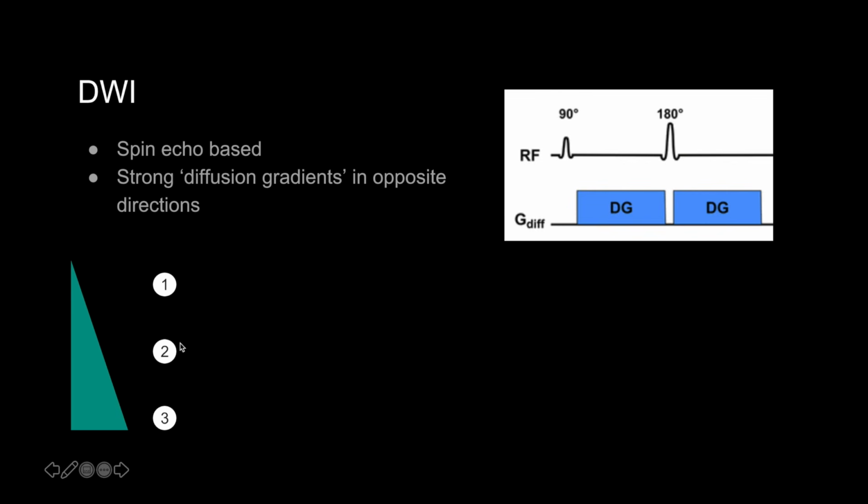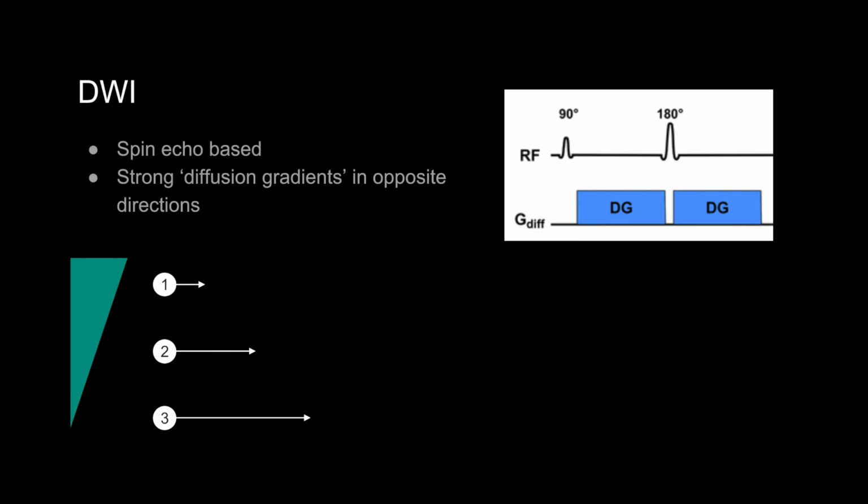These nuclei are all going to precess at slightly different frequencies, namely 3 is going to precess at a faster frequency, and 1 at a lower frequency. As a result, the ones that precess at a higher frequency are going to accumulate more phase.